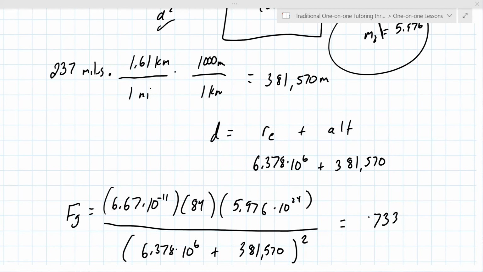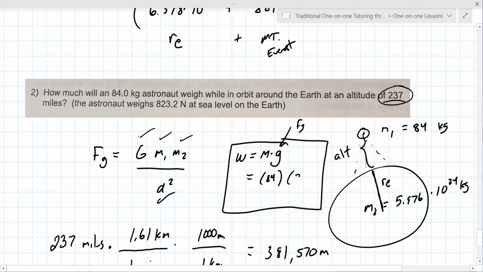Yeah, so this is 733. That's great. So then that's this number here. So your weight is going to be much higher than at sea level. It's 84 times 733, whatever that ends up being.